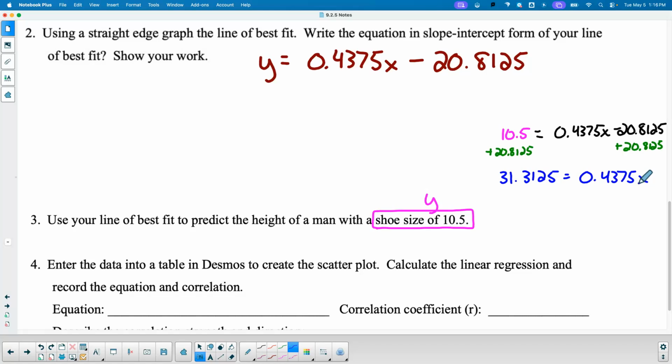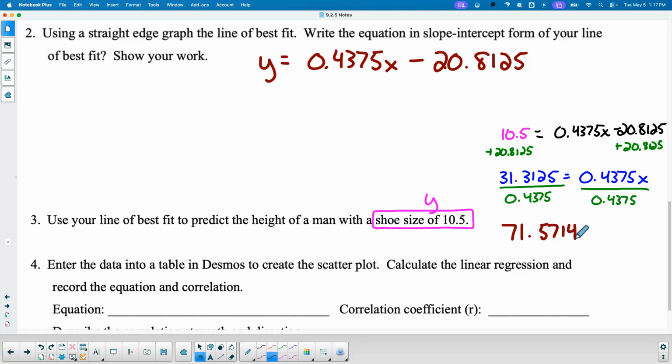Now what? And I get 71.5714. And what are we talking here?